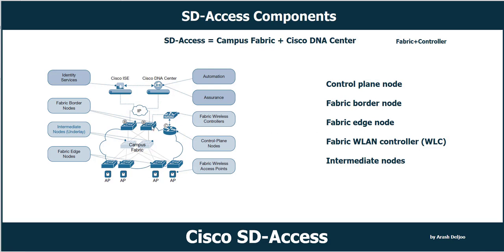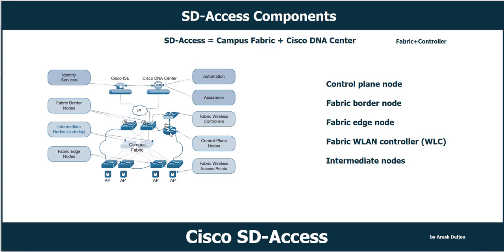And also, you know that we need to have a controller node, because in the SD-Access fabric we use LISP, and in LISP we have a mapping server and mapping resolver. The control plane node has the same role: mapping server, mapping resolver.